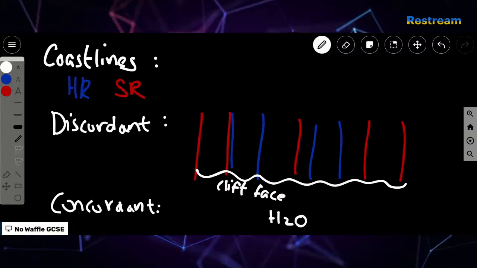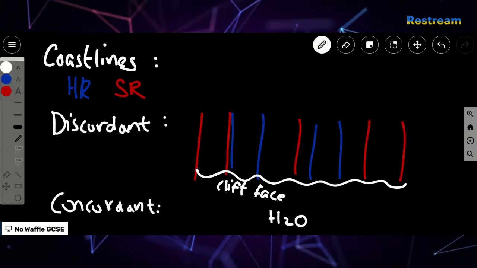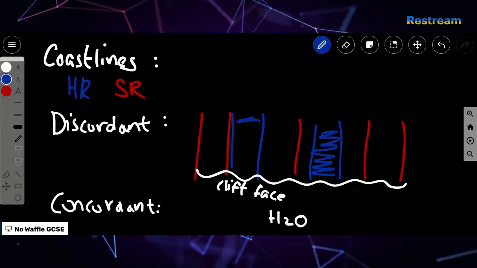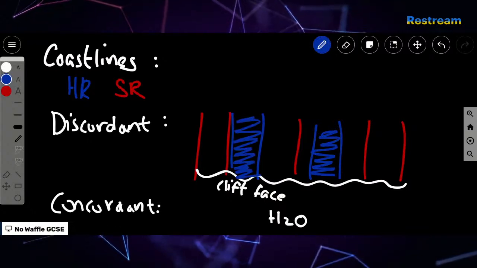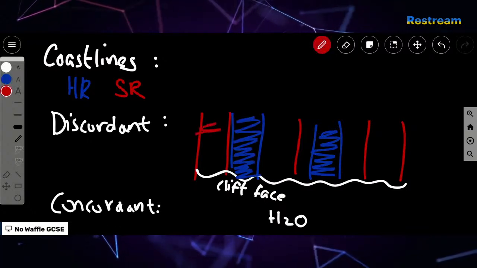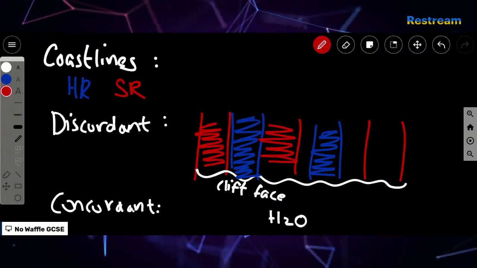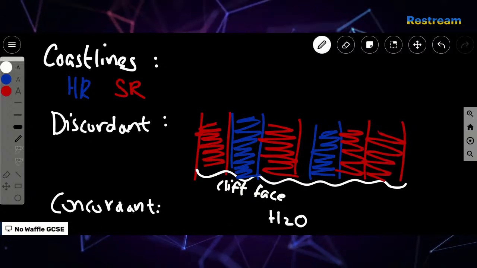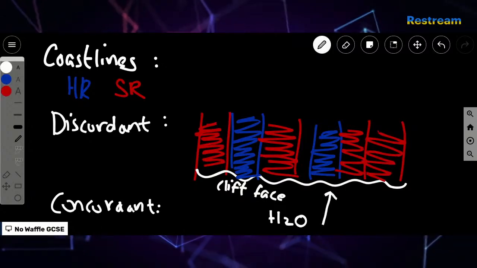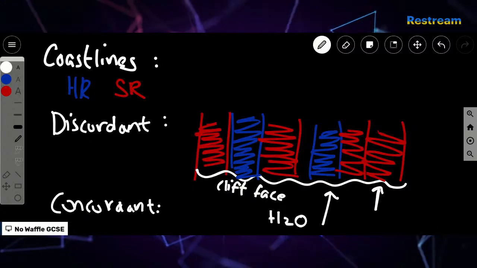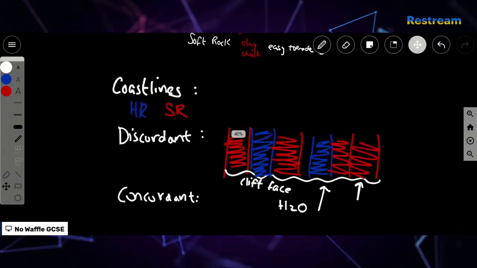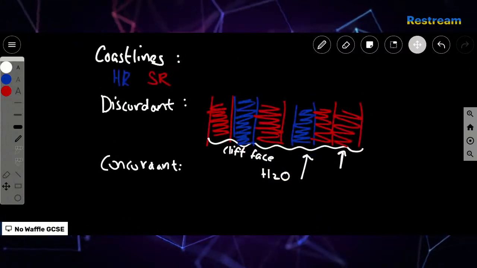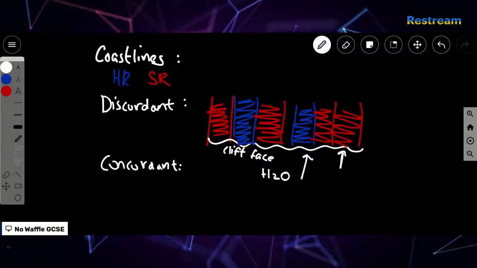There are alternating bands of rock, which means that the hard rock, represented in blue, takes a longer time to erode than the soft rock, represented in red. So it's much easier to erode the soft rock than the hard rock, and therefore over time you end up with just the hard rock jutting out. But we'll explain more about that later.